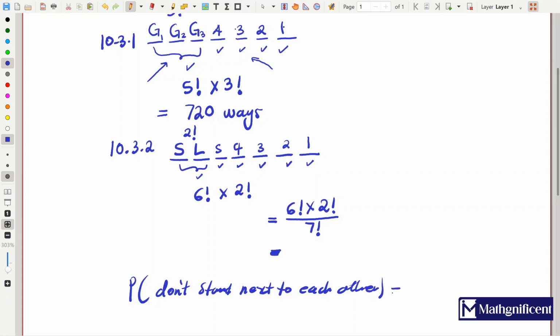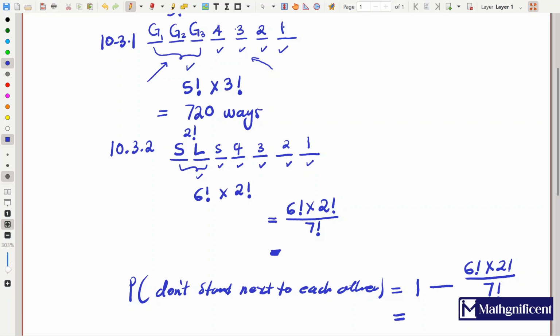How am I going to find this probability? While I only know the probability that they stand next to each other, I'm going to say that this is 1 minus the probability that they stand next to each other. Why do I do this? Remember that these two events are complementary events.